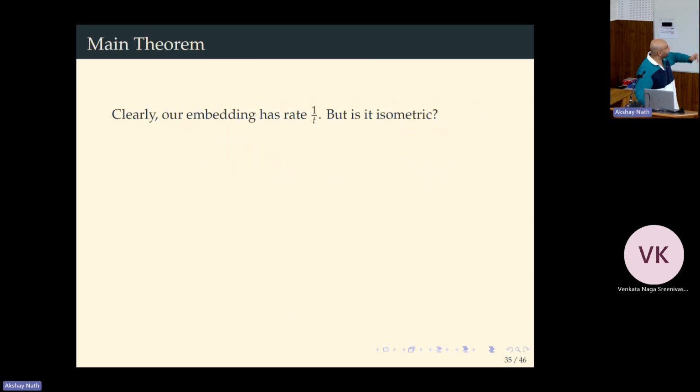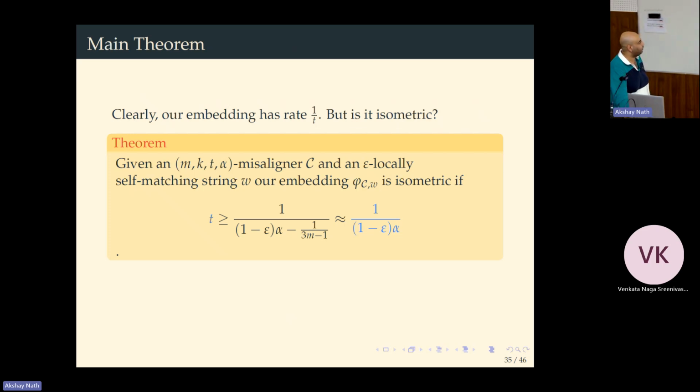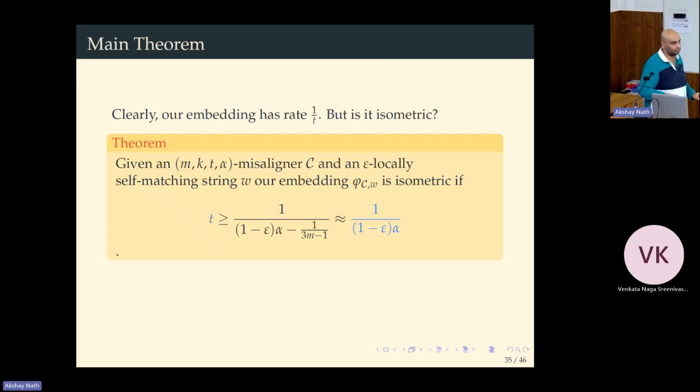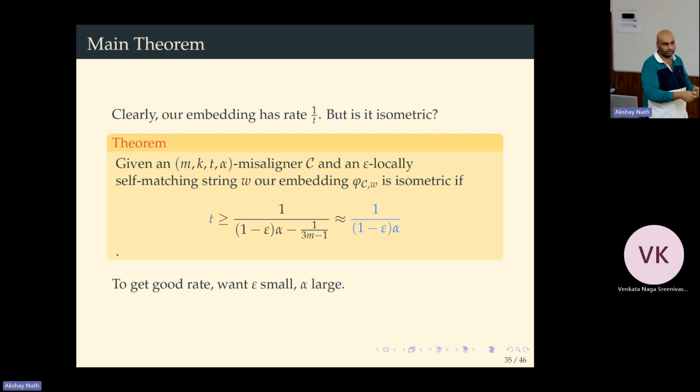Okay. So it's isometric, but is it isometric? The answer is yes. It requires more work, but yes. In fact, we can show the following: if you had a misaligner with M, K, T, and alpha, as long as your T is at least the expression there, 1 over (1 minus epsilon) times alpha. What do we want? We want alpha to be as large as possible and epsilon to be as small as possible. So you want the locally self-matching string to have very small epsilon, and alpha, which is the distance, to be as large as possible within the misaligner.